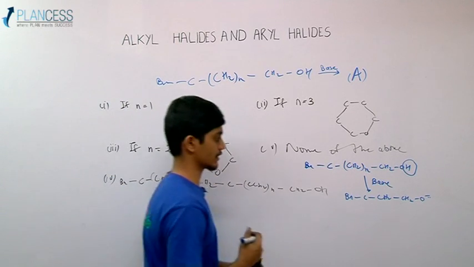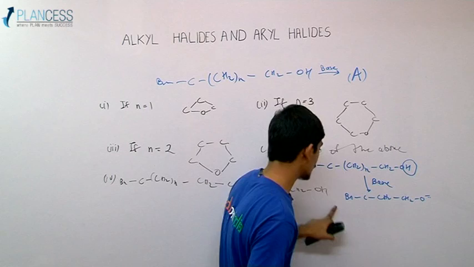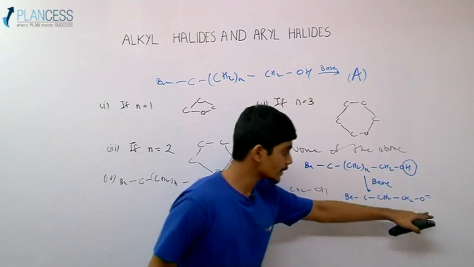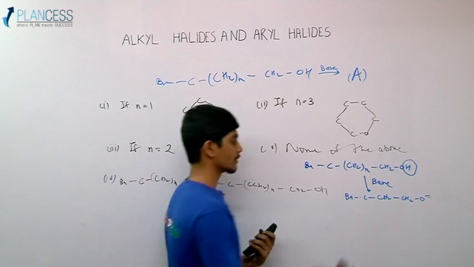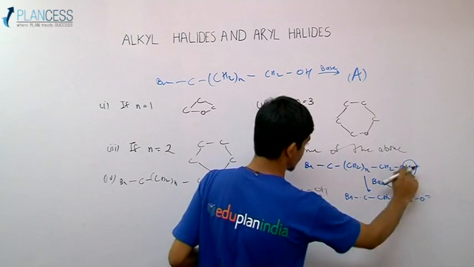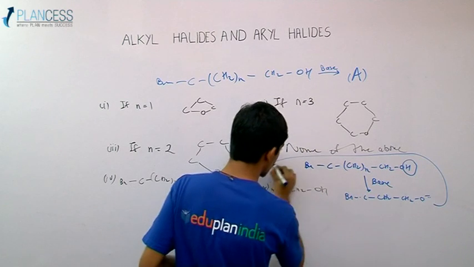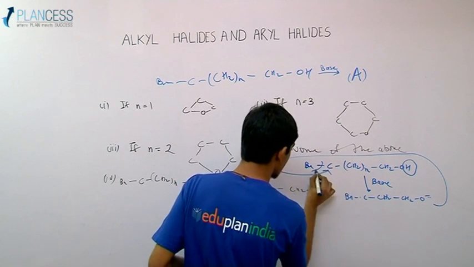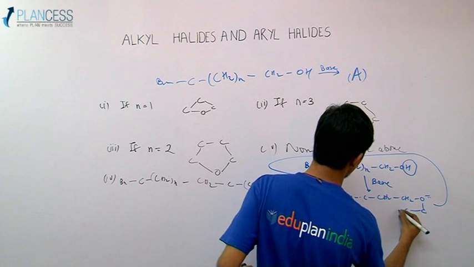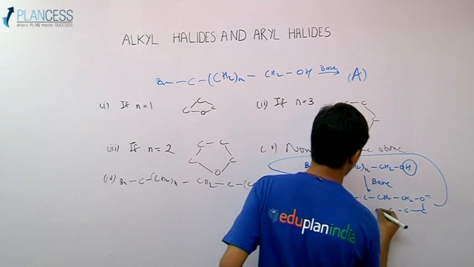Now next, what is the next step over here? The next step over here is, we have a halide over here. So what it can do is, it can combine with some other molecule of the same kind. So suppose this is the second molecule, then this comes and attacks this carbon, Br leaves, and you get one carbon, CH2 CH2OH.